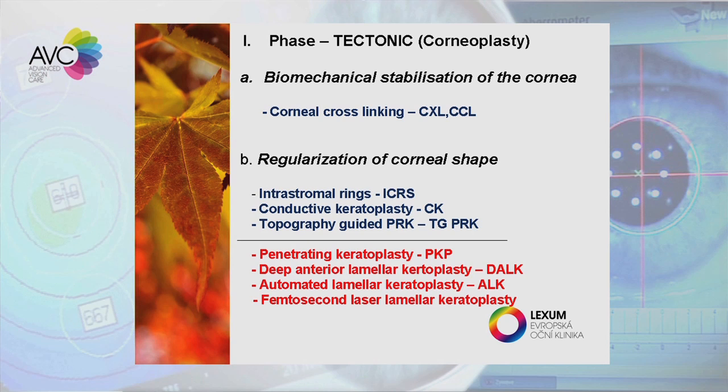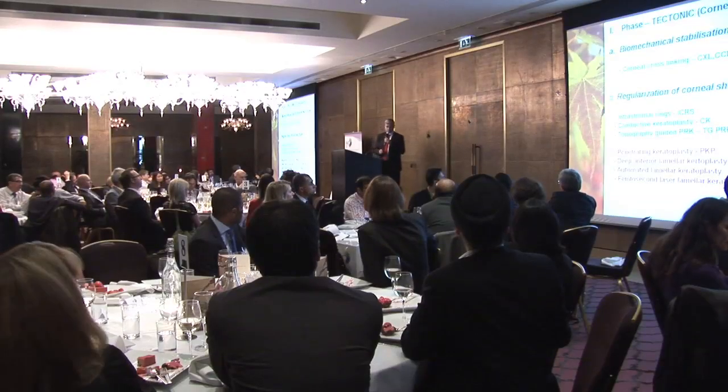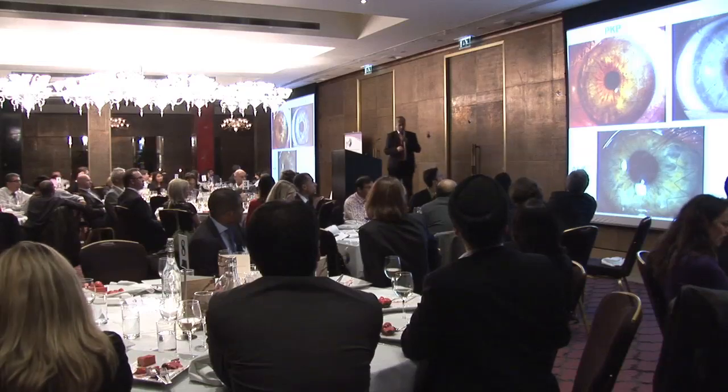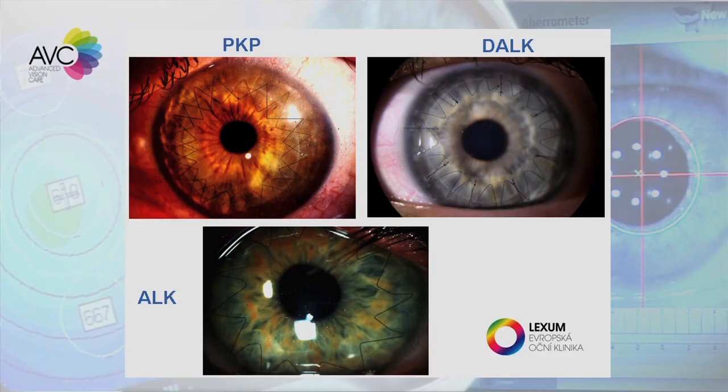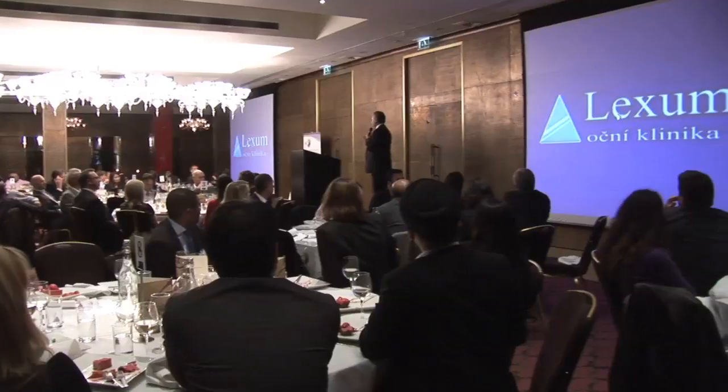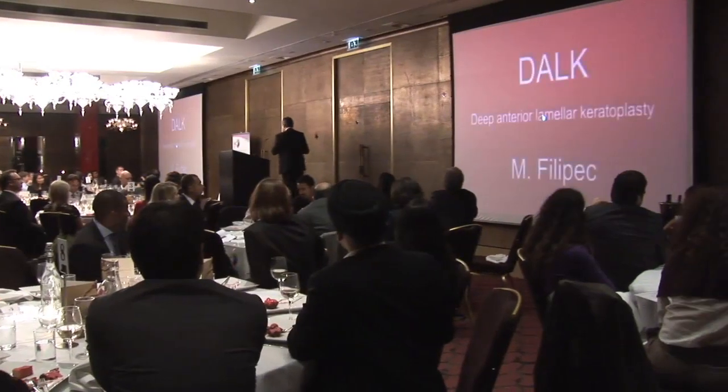Mostly we are now using deep anterior lamellar keratoplasty, or automated lamellar keratoplasty done by microkeratome, or lamellar keratoplasty by femtosecond laser. Here are some examples of how different keratoplasties look, and I will show you how we are now doing the keratoplasty.